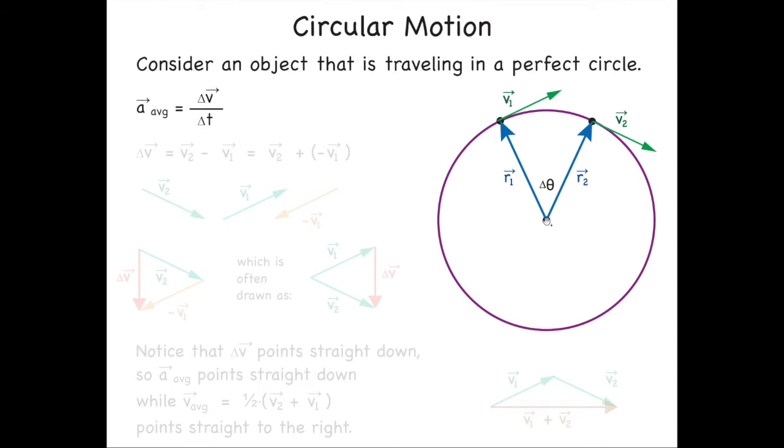This comes into play in what we call uniform circular motion. So imagine an object moving in a perfect circle. You can imagine that this could be a hockey puck on an ice rink that's been tied with a string to some center point.